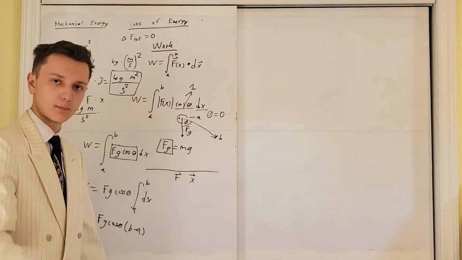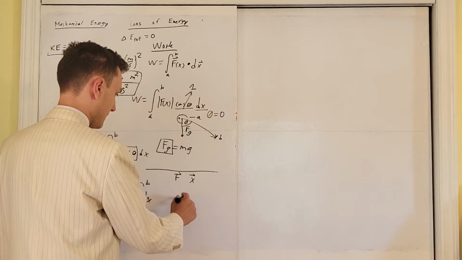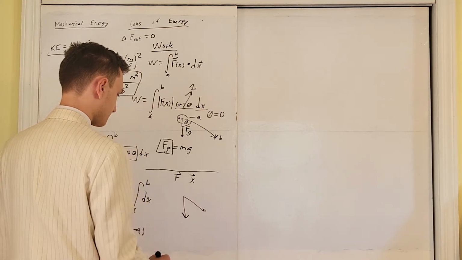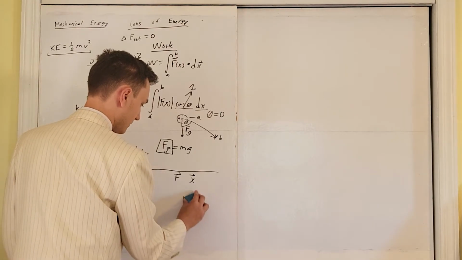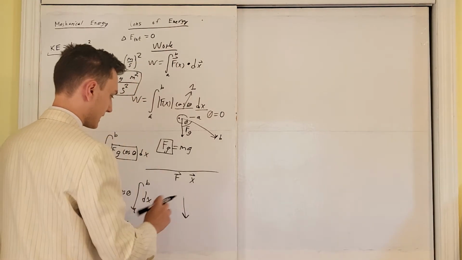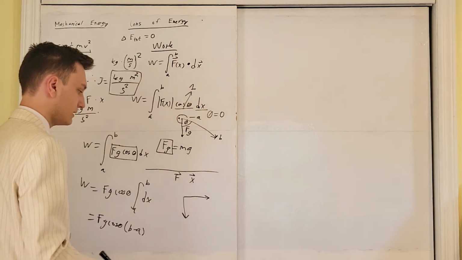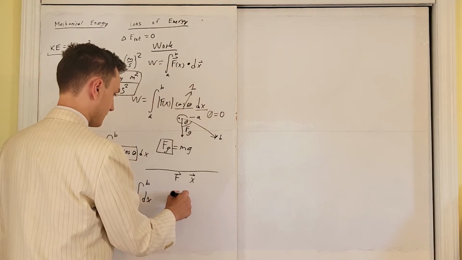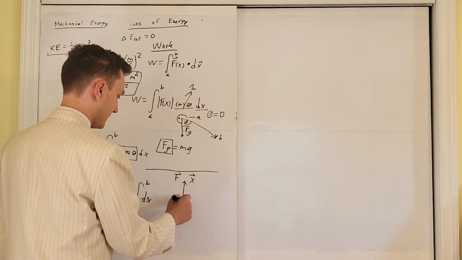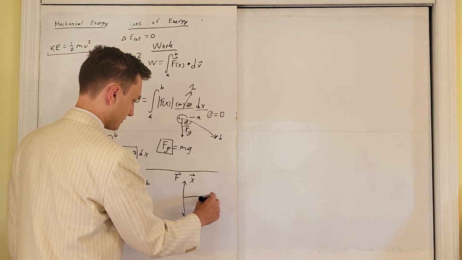Okay, what do I mean by approximately? I mean if I have a force vector and a displacement vector, we define those as being in the same direction until they are exactly perpendicular. Okay? And we define them as being in the opposite direction if they are at any angle theta between 180 degrees and 90 degrees. Okay?